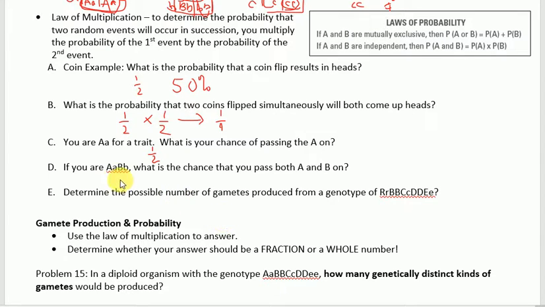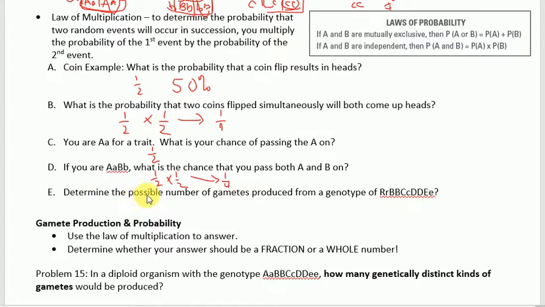If you are big A, big B, little b, what is the chance that you pass both an A and a B on? The same thing. You have 1 out of 2 chances here and 1 out of 2 chances here. So that would be 1/2 times 1/2, and that would be 1/4, or 25%.